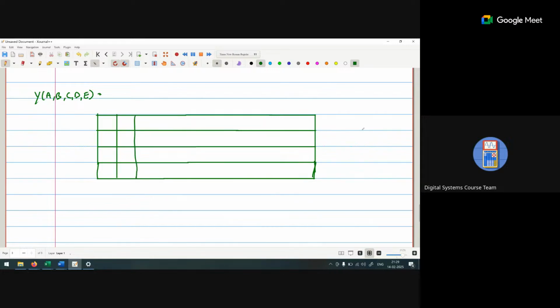So the one way is that if five variable terms are there, so with the column.